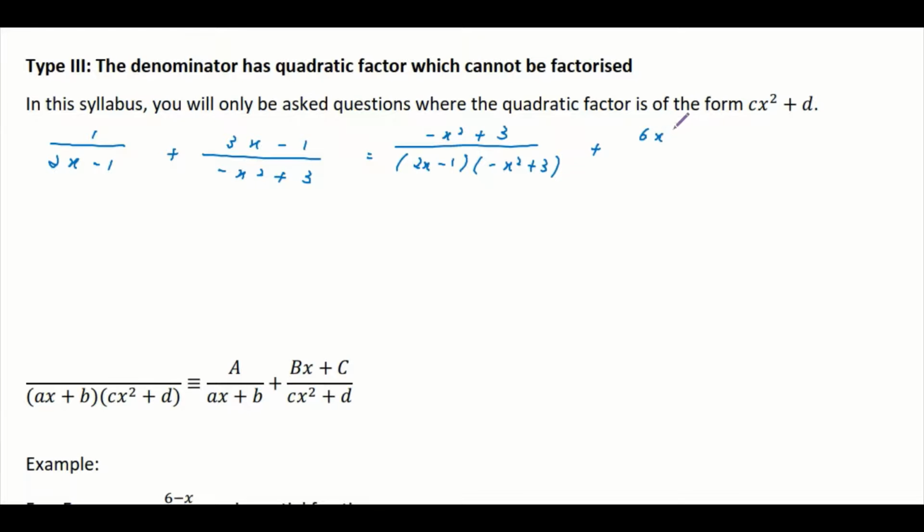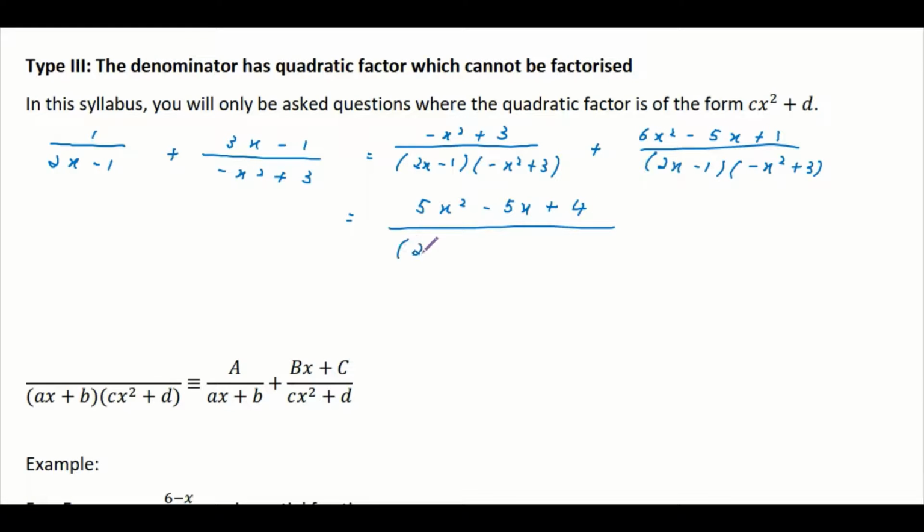So 6x squared, then you have negative 2x, so negative 5x and plus 1, divided by 2x minus 1 times negative x squared plus 3. So that is equal to 5x squared minus 5x plus 4 divided by 2x minus 1 times negative x squared plus 3.